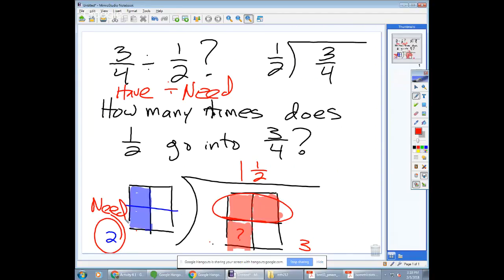Up here, didn't I write have divided by need? Another way to write that is just have over need, because doesn't that mean divide? How many pieces do I have? 3. How many pieces do I need? 2. So the answer must be 3/2. Is that the same thing as 1.5? Mm-hmm. So that's another way to think about it.